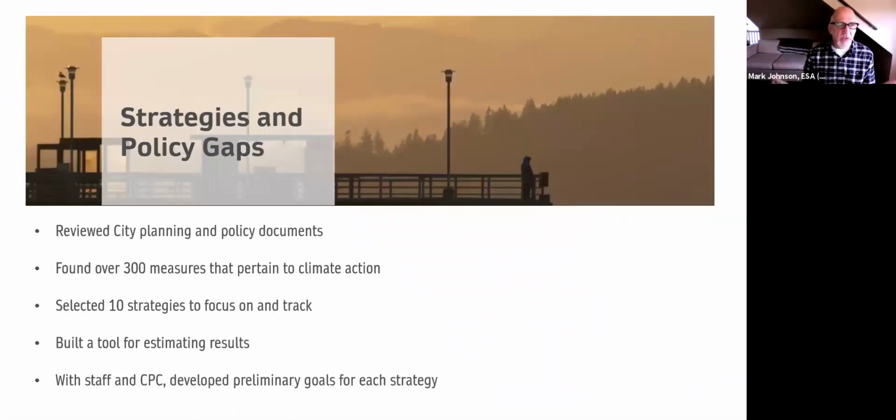We also went and looked at city documents to see what the planning and policy of the city was that pertained to climate action. There are about 300 measures in all the planning documents that we looked at. Many of them overlap. Some of them are loosely affiliated with climate action, but some very directly affect the greenhouse gas emissions of the city.